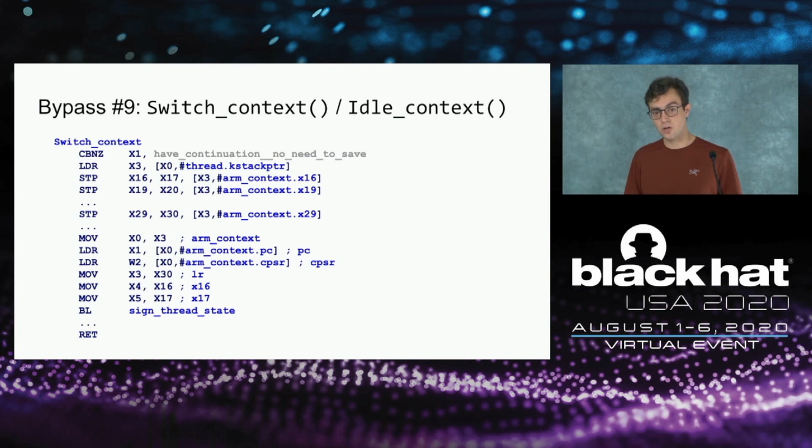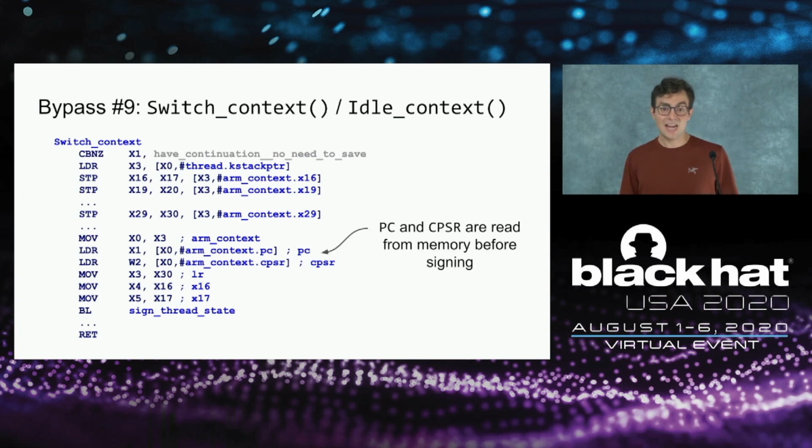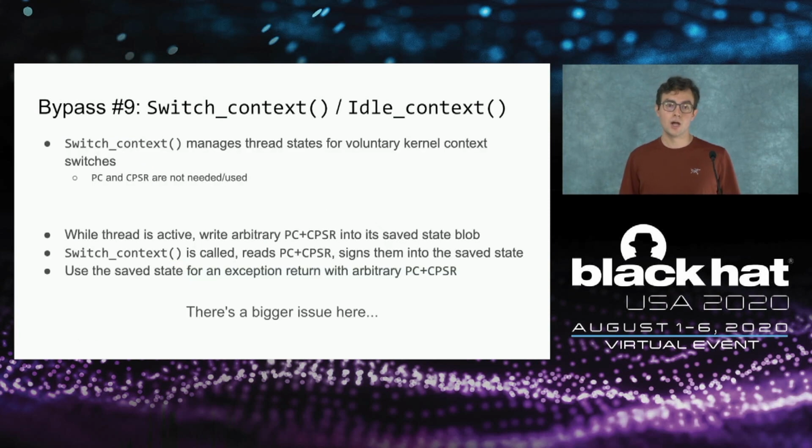When switch context is calling sign thread state, it reads in the values of PC and CPSR originally in this saved state blob from memory before the signing operation. So once again, this is a way to directly get control of the PC and CPSR registers in the saved state blob before the signature gets generated.